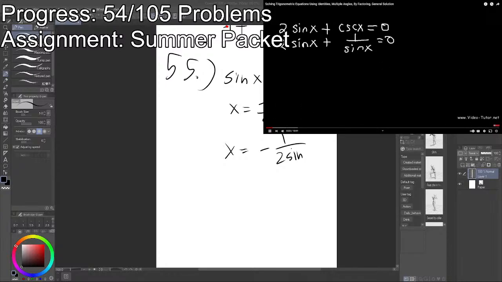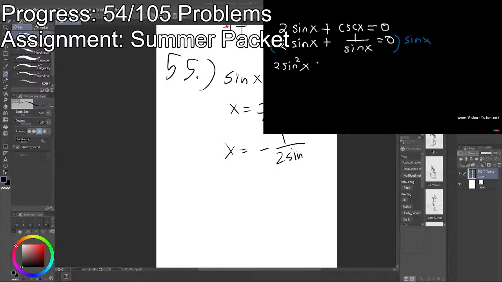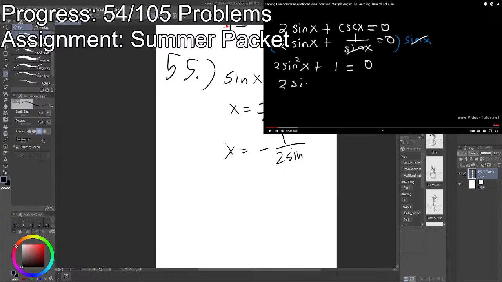What we need to do is multiply both sides by sine. 2 sine x times sine is 2 sine squared x. 1 over sine times sine, the sines cancel, so we just get 1. And 0 times sine is 0. So this is what we now have. So if we subtract both sides by 1, can I do something like that with mine?